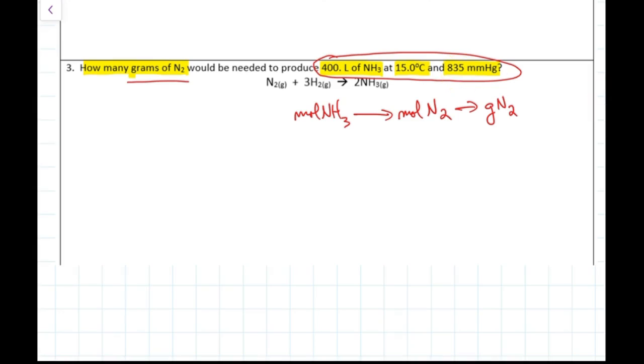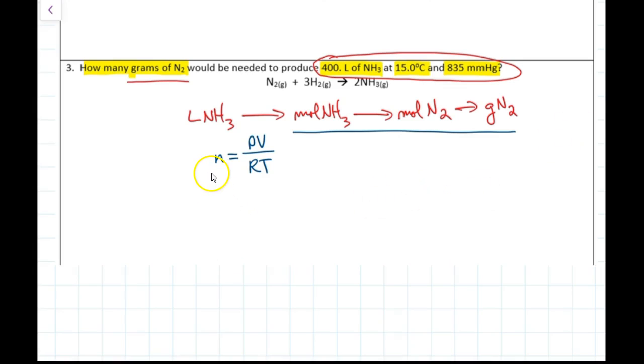So we can actually use the ideal gas law to go from the liters of NH3 to moles, because, rearranging the ideal gas law, n equals PV over RT, right? So that's going to allow us to go from here to here, as long as we also know the pressure and the temperature. And then the rest, all of this stuff, is just stoichiometry.